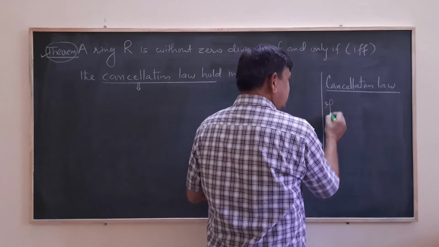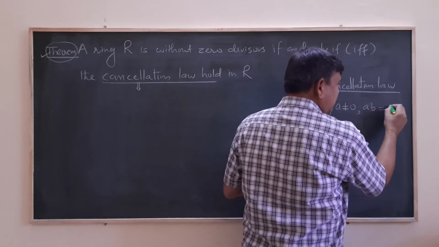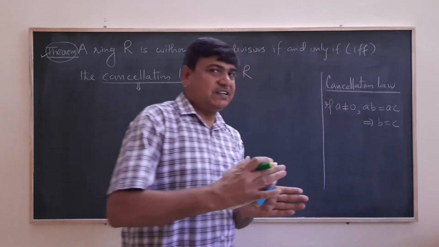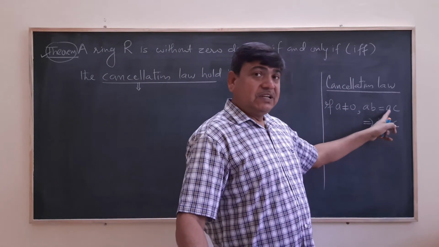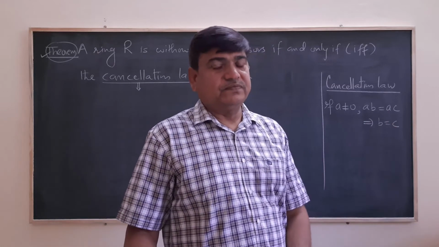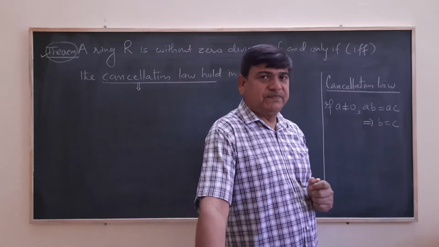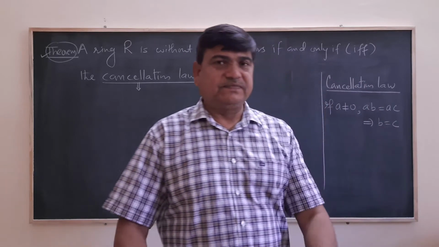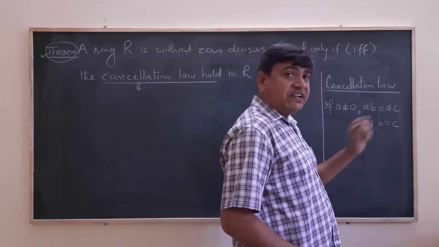If A is not equals to 0 and AB equals AC, then B equals C. This is the cancellation law. आप A और A को कट करते हो, लेकिन कट तभी करना है जब ये रूल अप्लाई होता है, A is not equals to 0, then B equals to C. हमने खूब कैंसिल किया, देखते नहीं है, इसको और इसको कैंसिल करते, B equals to C ठोक दिया. लेफ्ट साइड से कैंसिल कर रहे हो, इस लेफ्ट कैंसिलेशन लॉ.